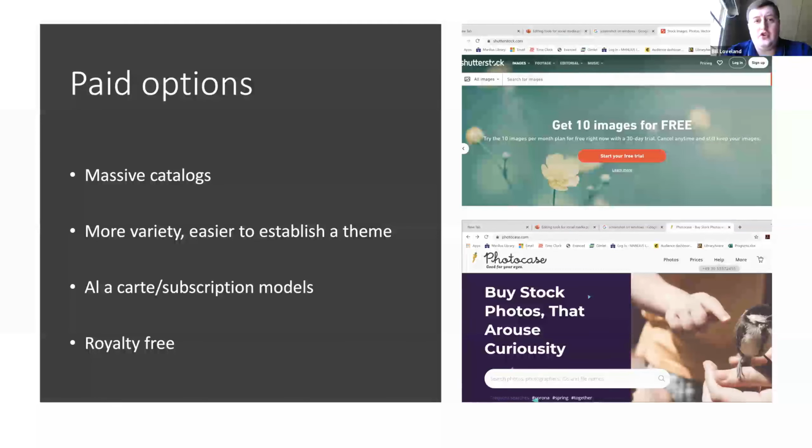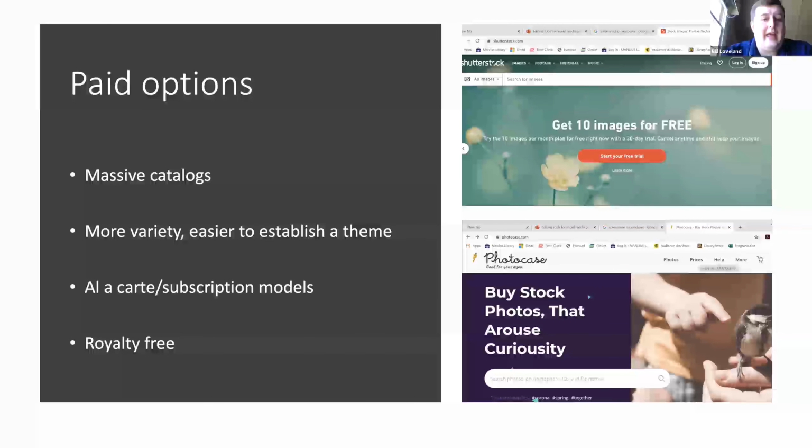They have nearly 200 million images, which makes for a seemingly infinite variety in content. Their royalty-free images can be purchased a la carte or via a subscription model. Shutterstock also offers a 30-day free trial and currently has a promotion in which new users can get 10 free images, so that might be something worth looking into.